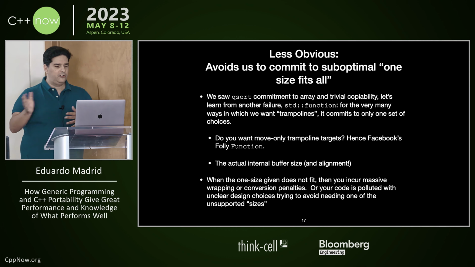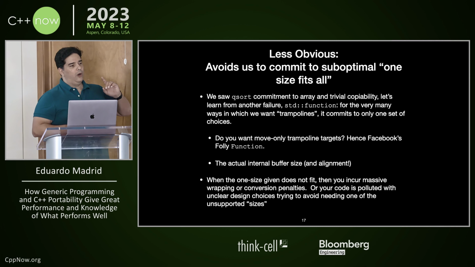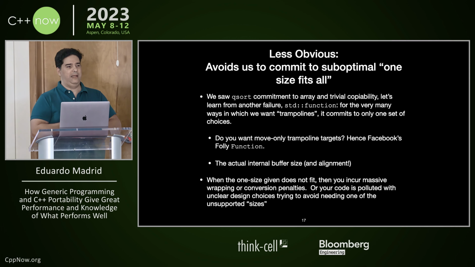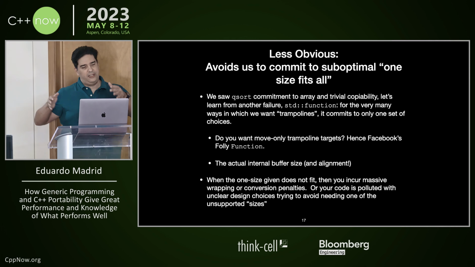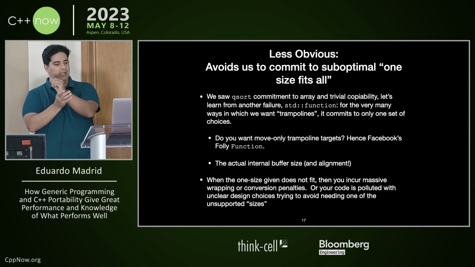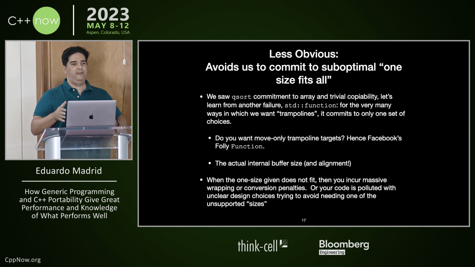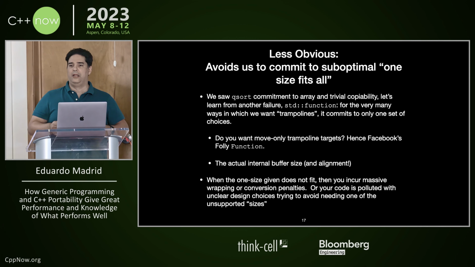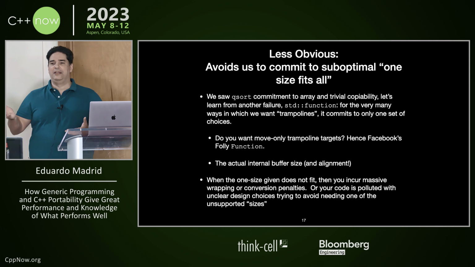All right. So let's move away from the very obvious to something less obvious, okay? One of the benefits of generic programming, which, let's define it in an intuitive sense, is what we normally call templates in C++, is that without it, we are railroaded as programmers into one-size-fits-all situations, or forced to use a particular mechanism, a particular data structure, a particular algorithm, because the way to express that my thing requires something different is not there.